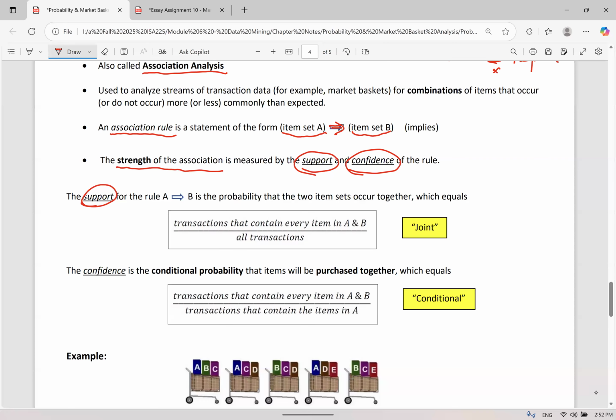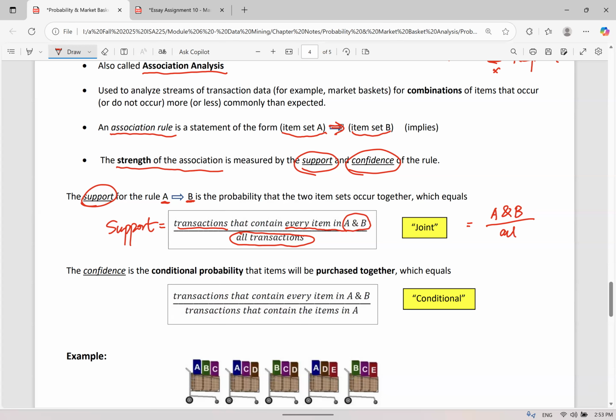If U is item set A implies item set B, then the support is equal to: out of all the transactions, how many transactions contain every item in these two sets? If I make it short, out of all the transactions, how many contain both A and B?